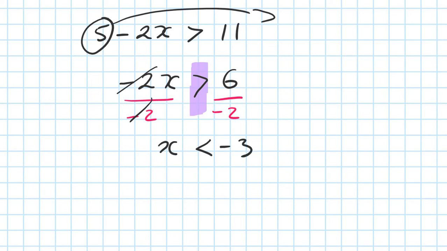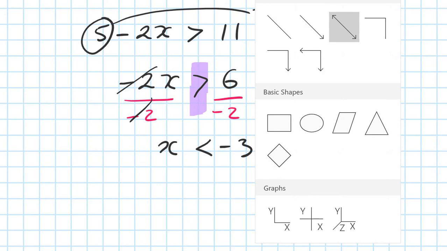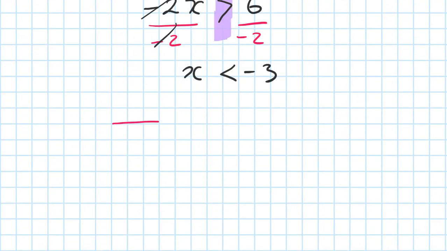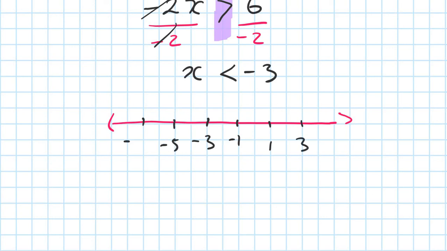All right. Now to show that on your number line, let me draw the number line first. This is negative 3, negative 2, negative 1, 0, 1, 2, 3, and then negative 4, negative 5, and negative 7 here.